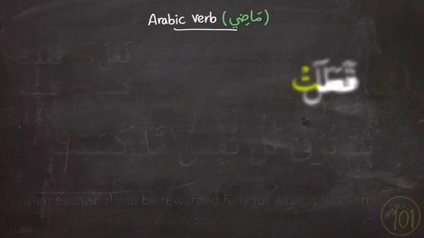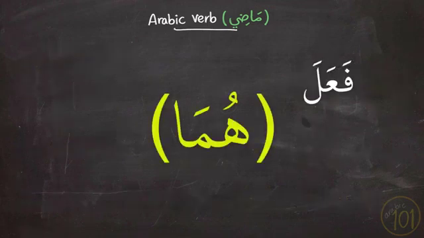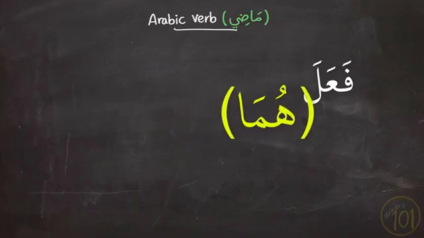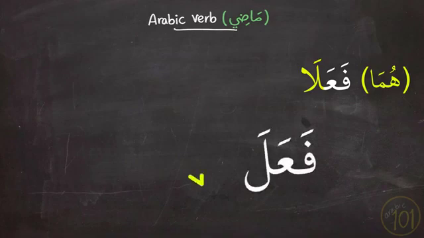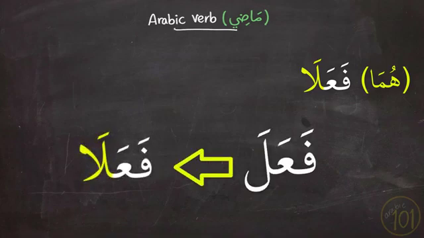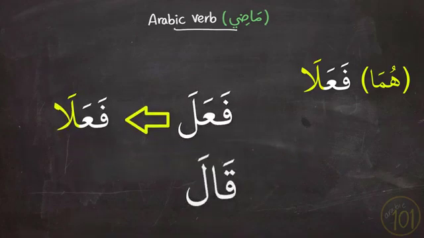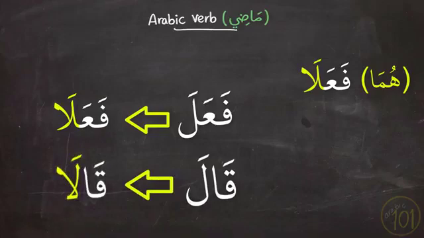Next is the conjugation with the dual form huma, or in English, they. And for this, we'll only add alif to the end of the verb. So you would turn fa'ala into fa'ala, qala into qala. Notice that this verb ends with alif, so you're going to extend it a little bit longer than if you have only a fatha to the end of it.